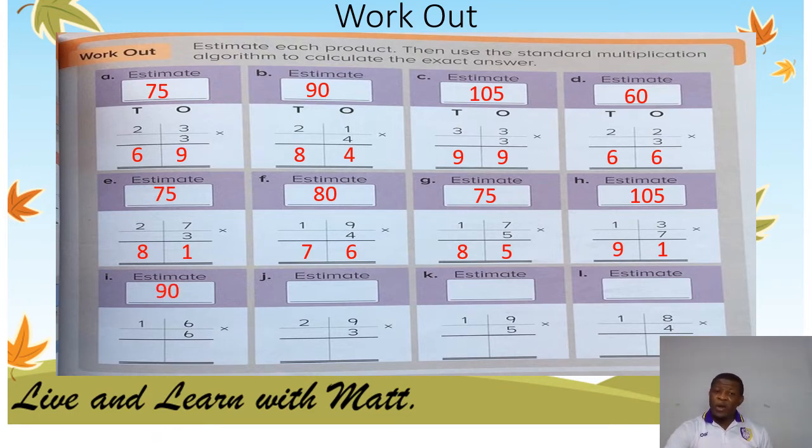The estimate will be around 90. Now let's do the exact. 6 times 6 will be 36. Write 6, carry 3 forward. Now, 6 times 1 is 6, plus 3, that will be 9. So we have 96.